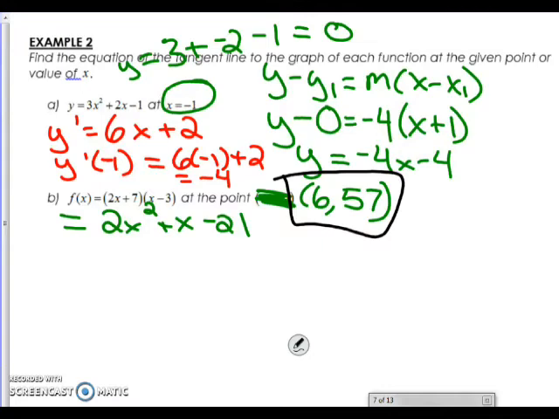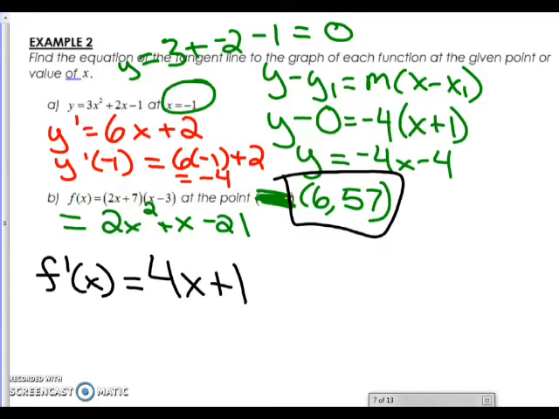And so here, go ahead and find the derivative there. Again, you're just using your power rule. So 2 times 2 is 4x plus 1. Okay, so we've got that. Now we want to find the derivative at x equals 6.